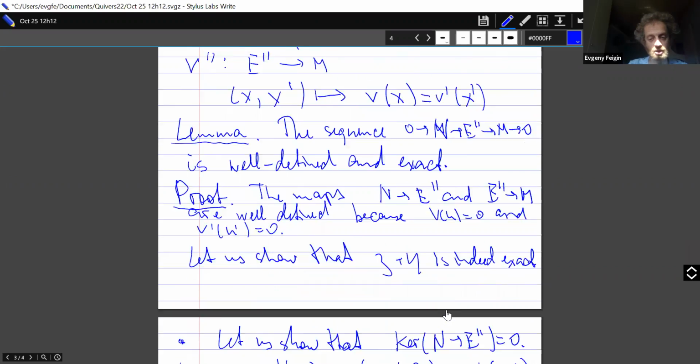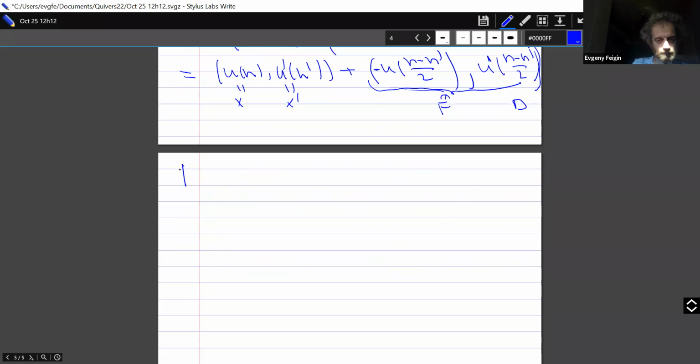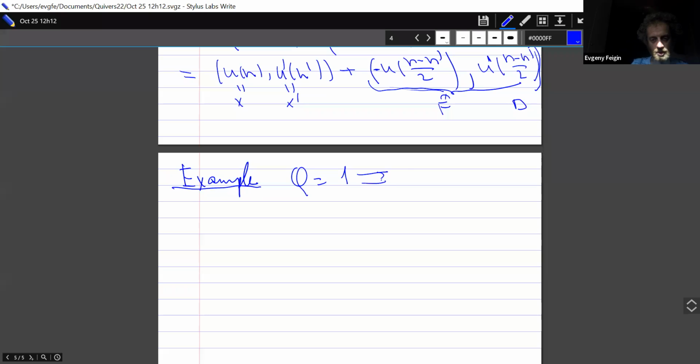Okay. So let us make an example. The example is as follows. We take, as before, U to be a quiver with two vertices and two arrows, and M is S1 and N is S2.